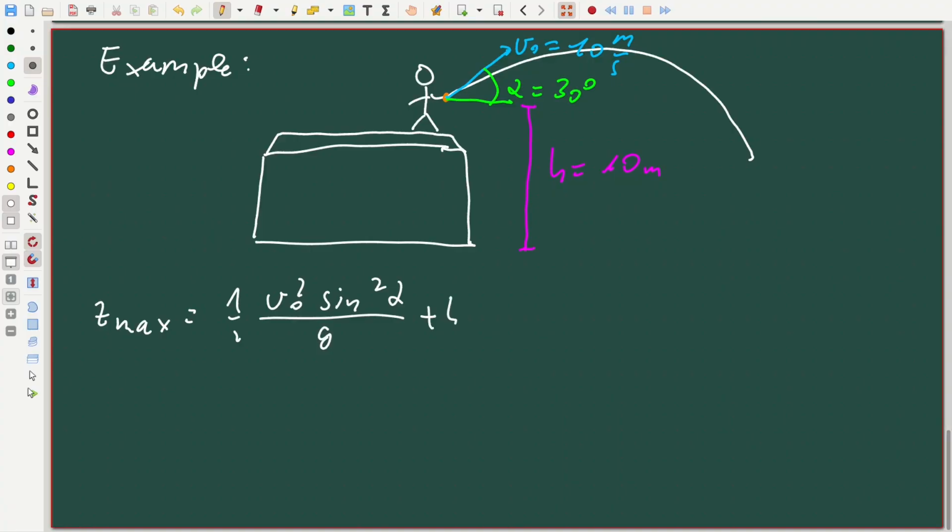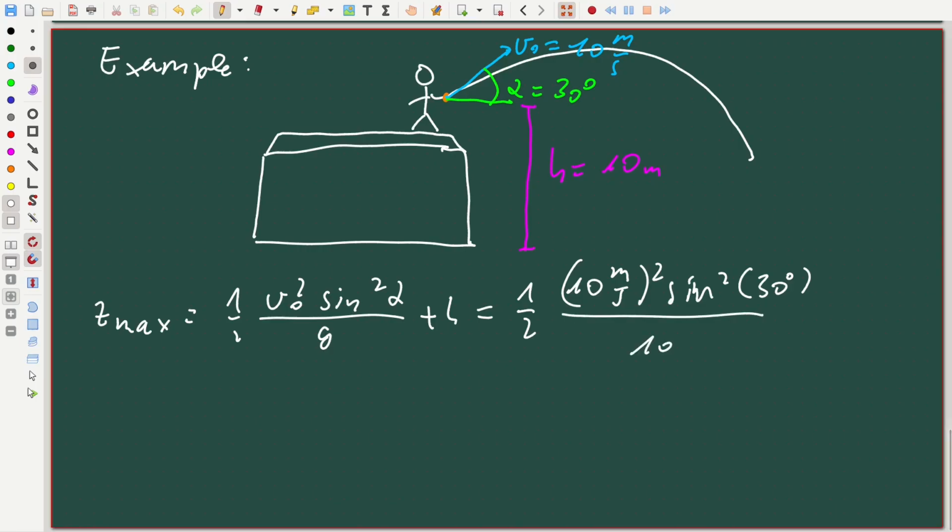And now we only have to insert our values actually, so 1/2, and then we have here 10 meter per second squared, sine squared of 30 degrees, divided by 10 meter per square second. And the reason why I use these values is because now we can see many things cancel out. So of course one of these 10 meter per second cancels out with the 10 here downwards in the denominator.